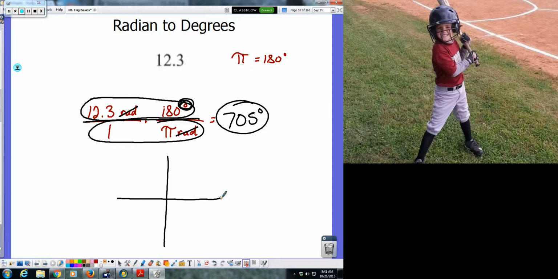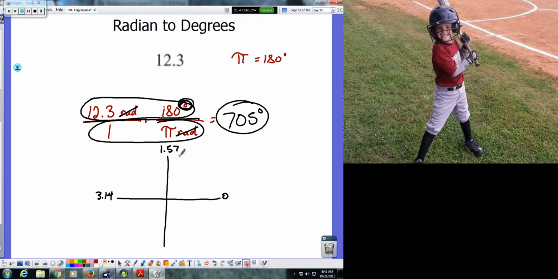Let's talk radians. Remember graphing our angles on Friday? This is 0 degrees, which is the same thing as 0 radians. This is 180 degrees, which is the same thing as pi. At 90 degrees, that'd be half a pi, because this is a whole pi. Half a pi would be 1.57.